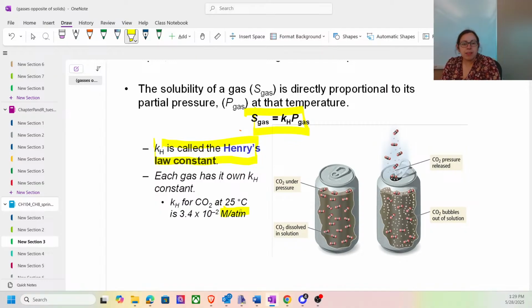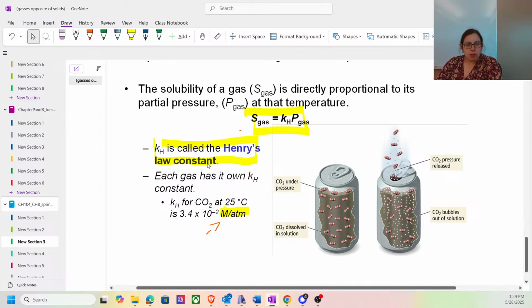Based off of our formula, dimensional analysis, it's giving us a concentration of CO2. So basically for every 1 atm of pressure, we get 3.4 times 10 to the negative 2 moles, or molarity, of CO2 dissolved in our solution.